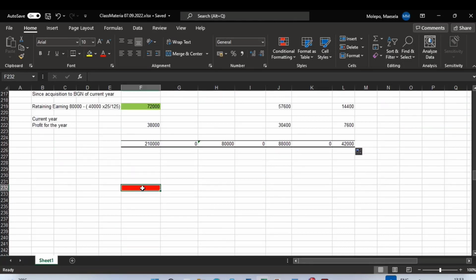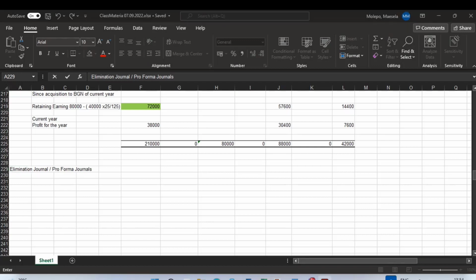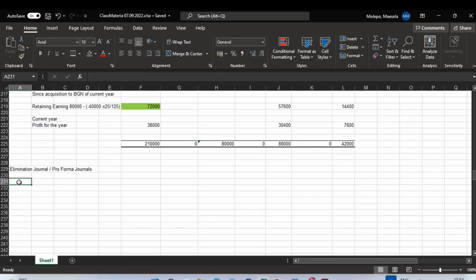Then you can proceed and go to elimination, or they call it pro forma journal. So we're going to eliminate share capital as usual.